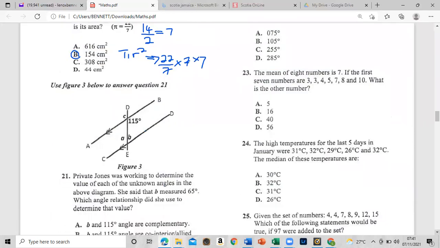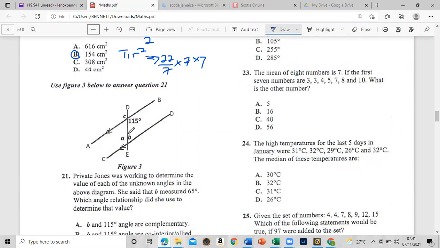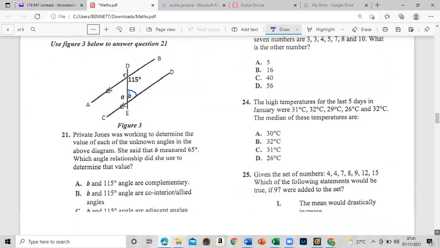Private Jones was working to determine the value of each of the unknown angles in the above diagram. She said that the measure of B, which is this, is 65. Yes, that is right, because these are supplementary. Which angle relationship did she use to determine the value? No calculation needed.